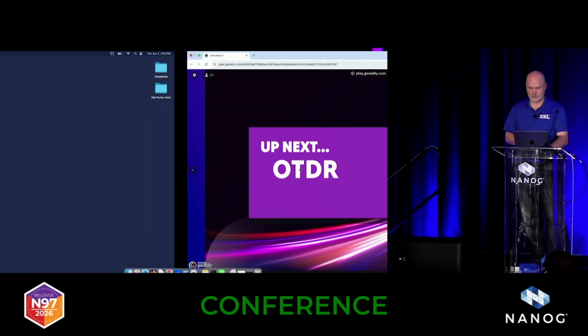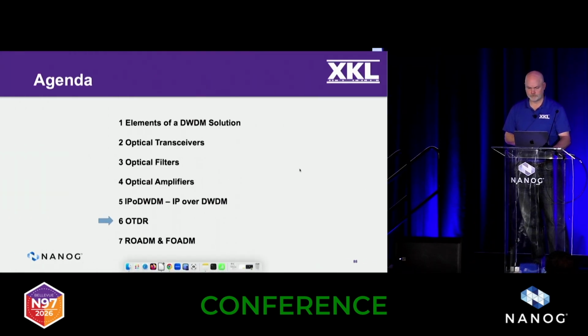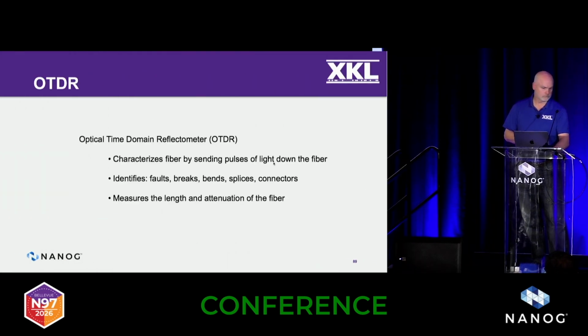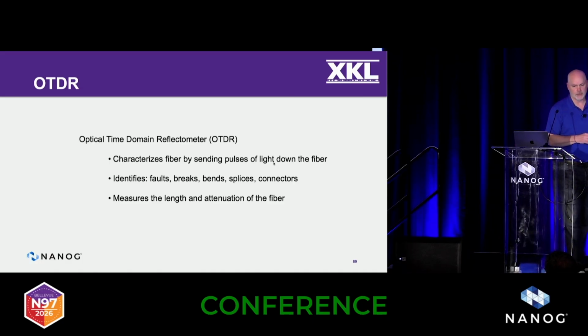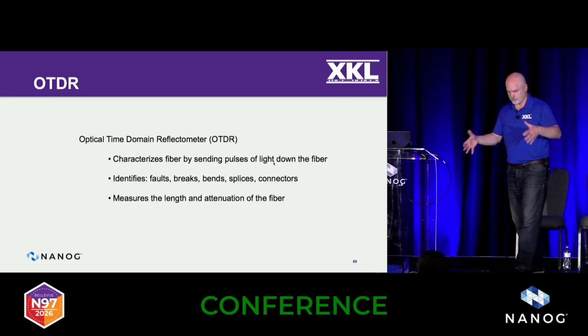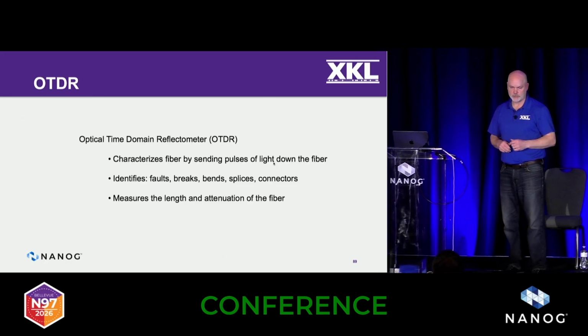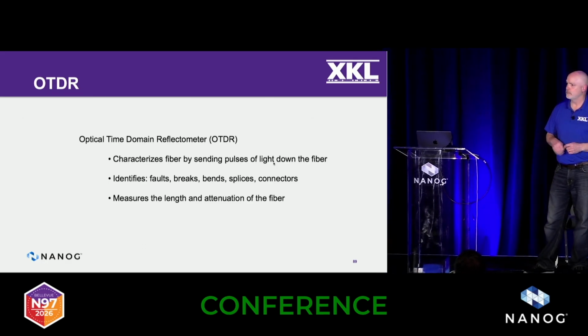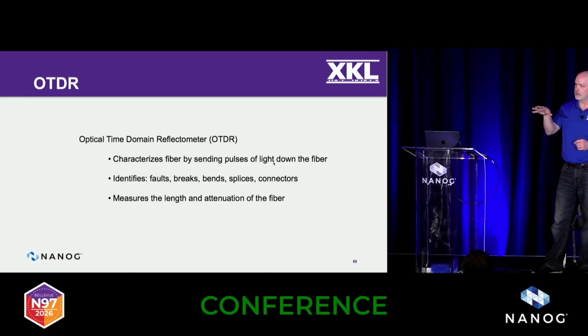Okay, let's talk about OTDRs. Good. Optical time domain reflectometer, right? So I think everybody's got one somewhere in the back room. You know, they're about yay big, or the smaller guys, new stuff. It characterizes the fiber by sending these pulses of light down the glass and looking for reflections coming back.